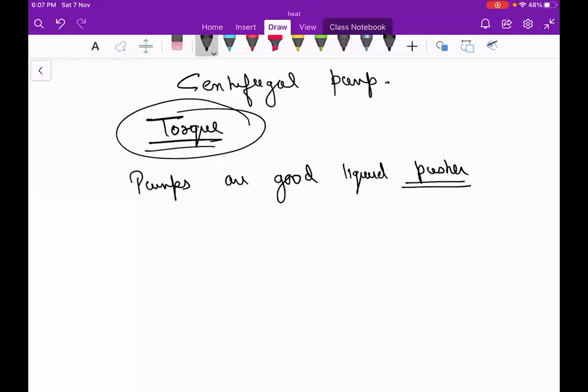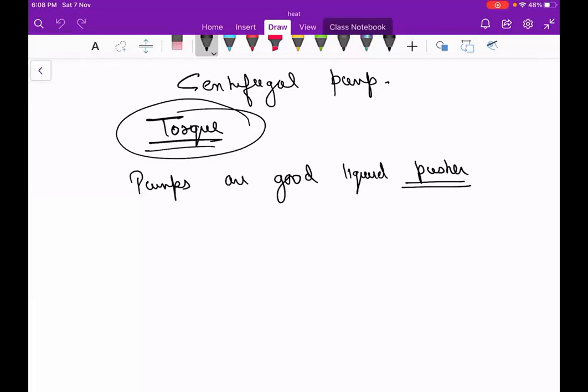They find it very difficult to pull the liquid, so they have certain limitations while pulling. That is very important, and we are going to see those limitations today.